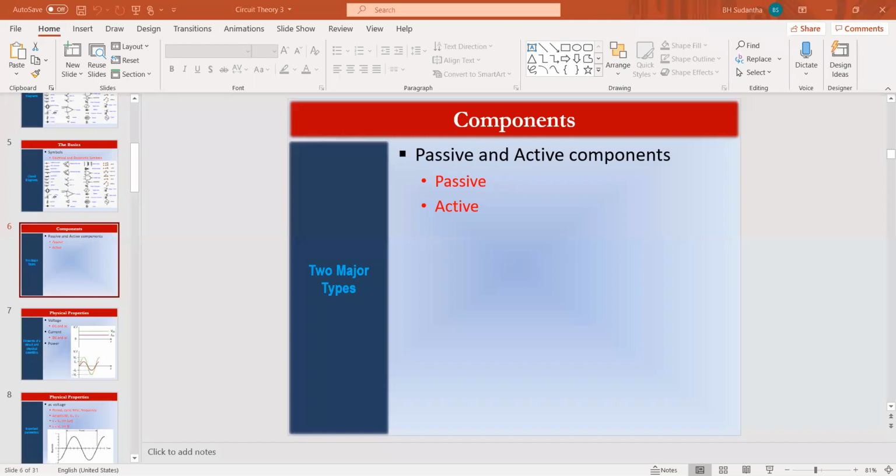What are the components having these active features, and what are the components having these passive features? If we divide this into two categories, under the active category, what are the components we can list? Under the passive category, what are the components we can list out there? How do you divide these things into these two categories, based on what? Which one is active, which one is passive?